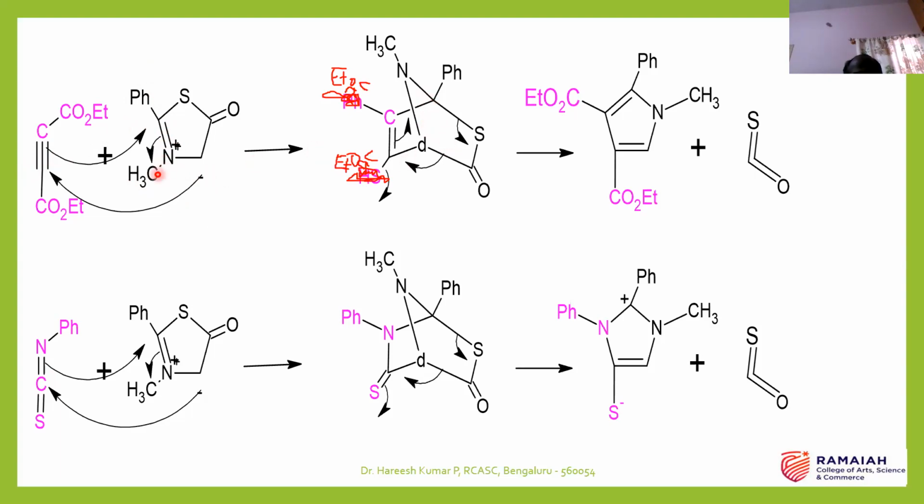So it's an adduct formation, and it is a pericyclic reaction. You can observe that here CO2Et, here CO2Et, and C double bond C. This group is here. Okay, and this moiety is going up.